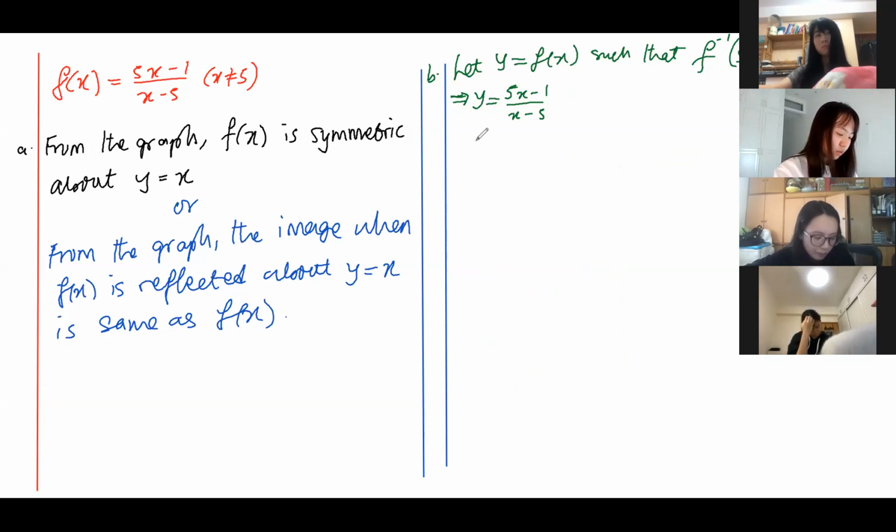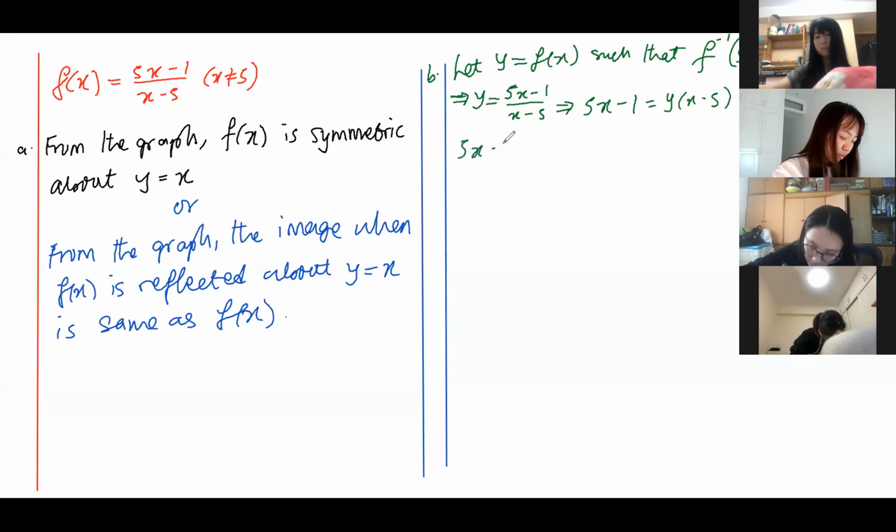we can cross multiply. 5x minus 1, y, x minus 5. 5x minus 1, xy minus 5y. So we are here to make x the subject, 5x minus 5y, no, 5x minus xy.